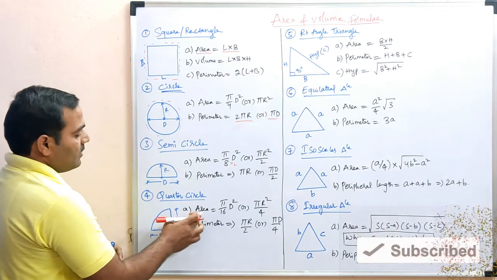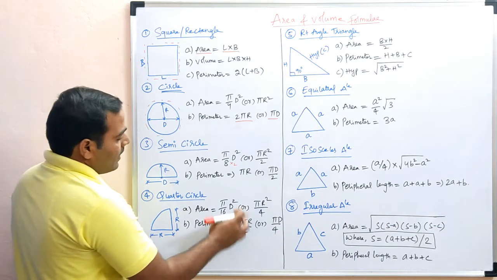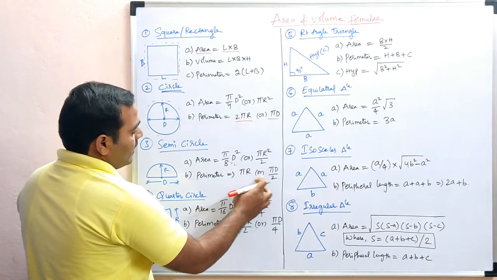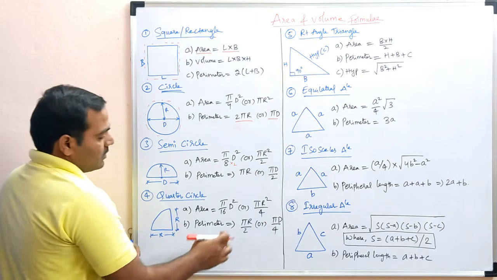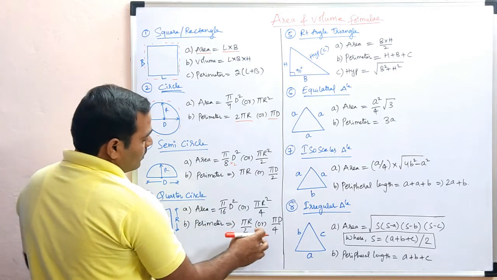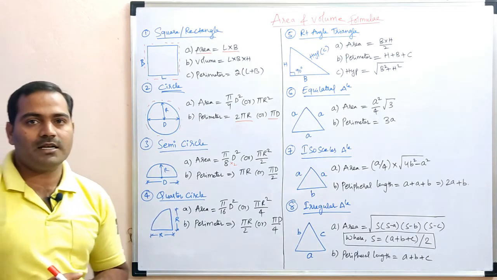This is the area formula. Next one is perimeter. Here we have written pi r and pi d by 2, divided by 2 again. So pi r by 2 or pi d by 4. This is the perimeter formula for a quarter circle.